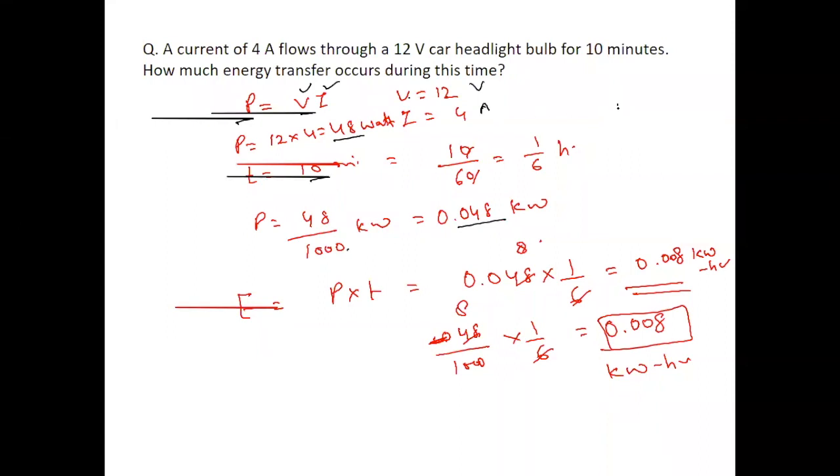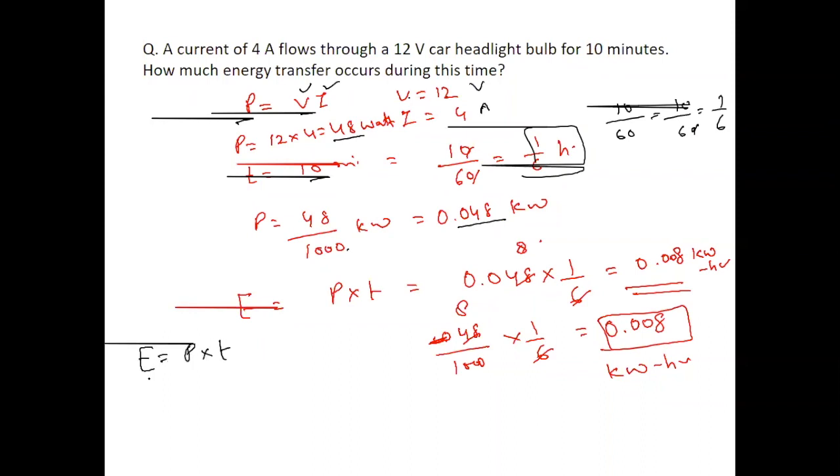Time is 10 minutes. If we convert it into hours, 10 by 60. 10 by 60 means 1 by 6, right? So 1 by 6 hour. Okay. Energy consumed is P into T. Power is 0.048 into 1 by 6.